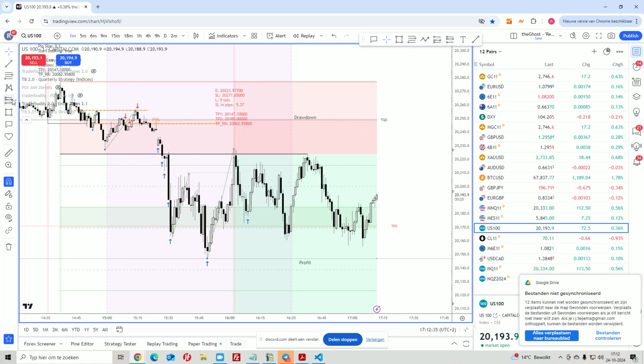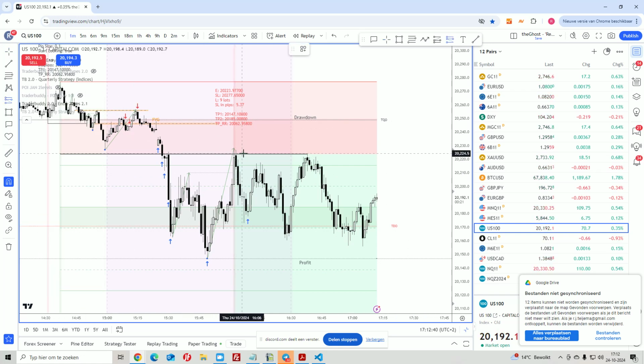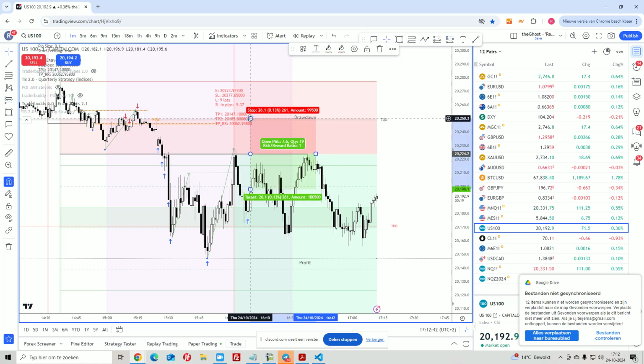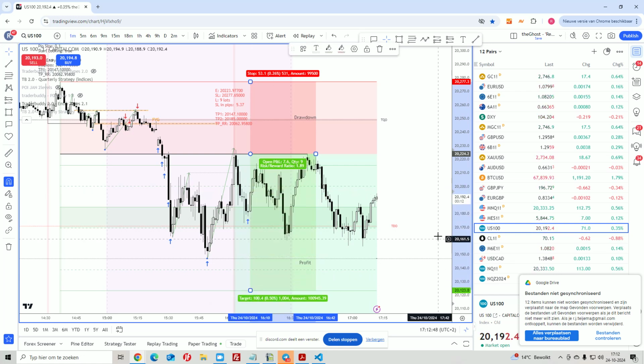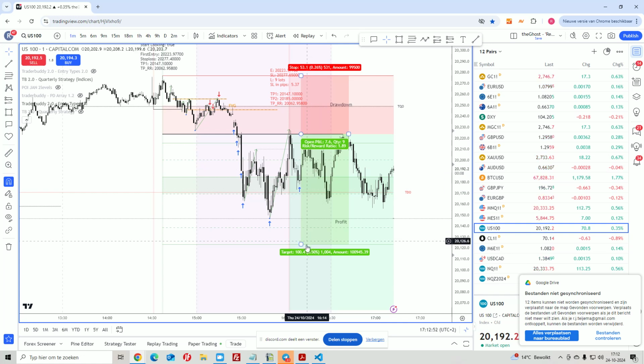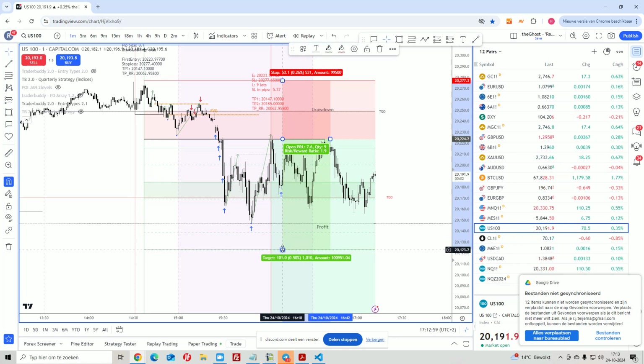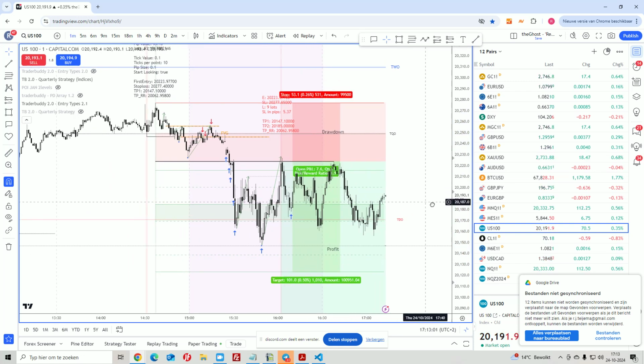So if we take a short position and we enter here and we put our stop loss over here, this is 4. That's only just 2R. Not very interesting, but never mind.